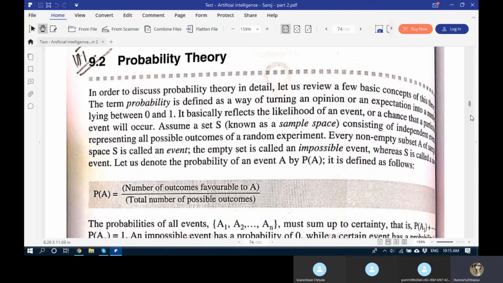And if it is 0.1 probability, it is very less likely that event occurs. So first point is that probability lies between 0 and 1, and it reflects the likelihood of an event or a chance that a particular event will occur.